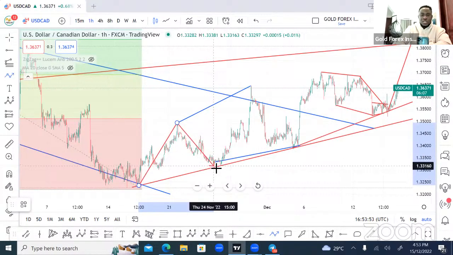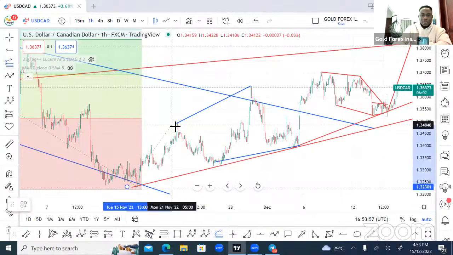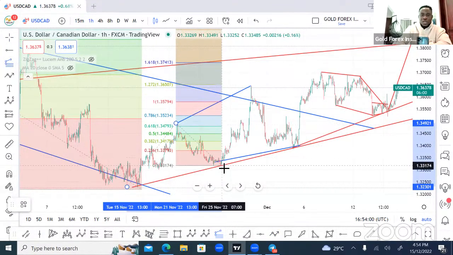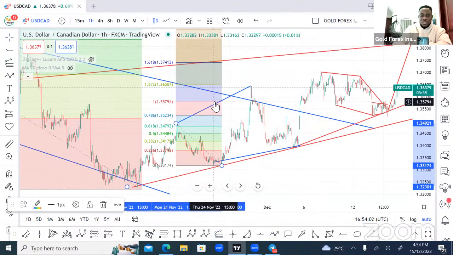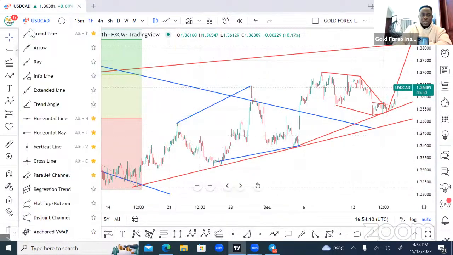This is the correction. So that means that from here to here, 1.0 Fibonacci extension, your take profit will be here, okay, here. Now when it gets to this level, remember this, let me show you guys something.